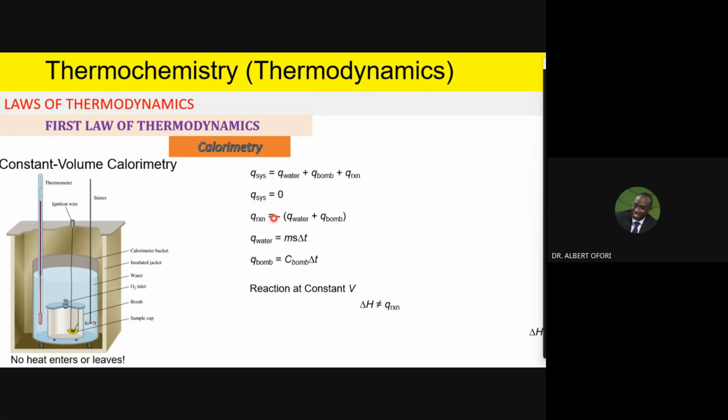Now, at constant volume, that heat is not the same as the enthalpy change. It may be closer, but it is not the same. It's quite approximately closer to the heat because we are measuring heat. Enthalpy basically means heat change.